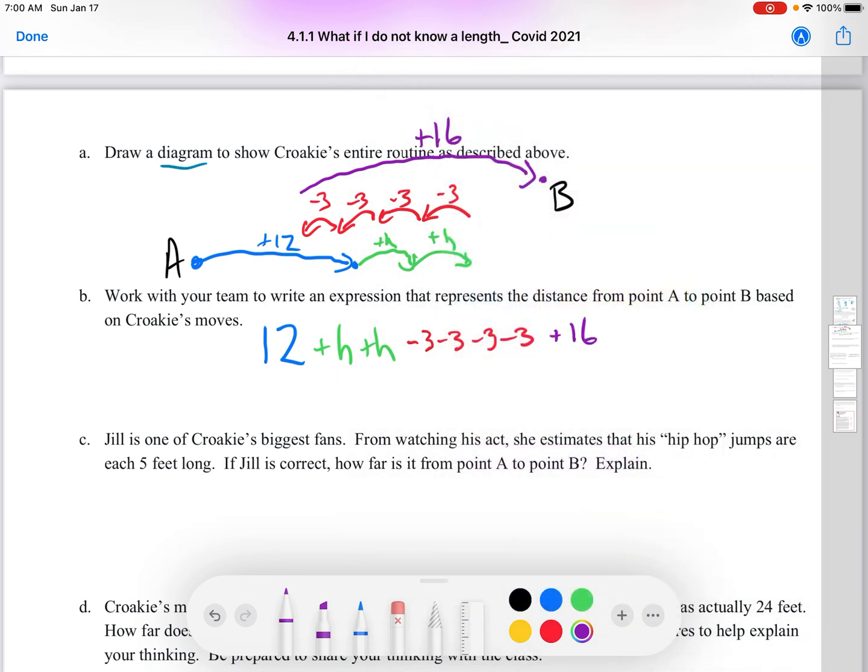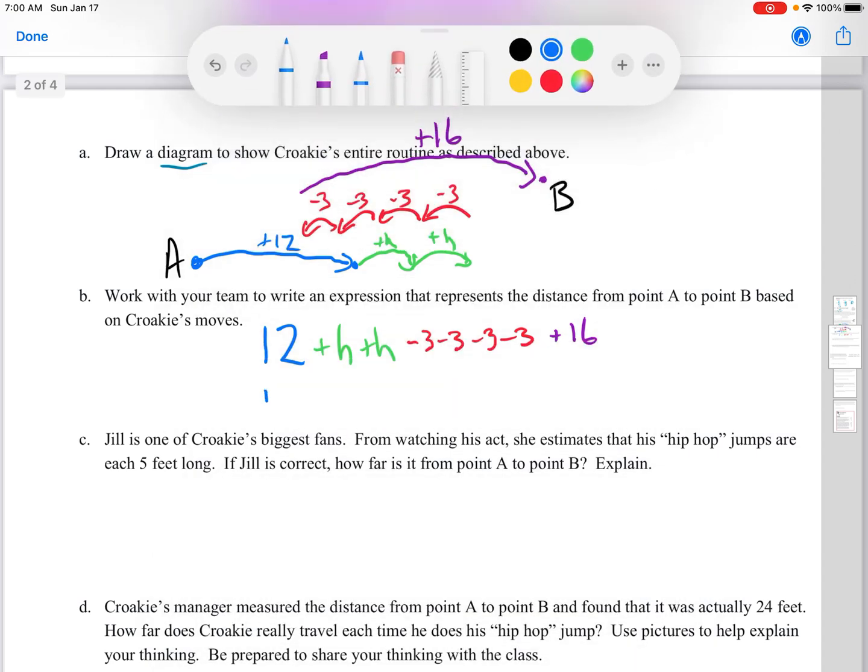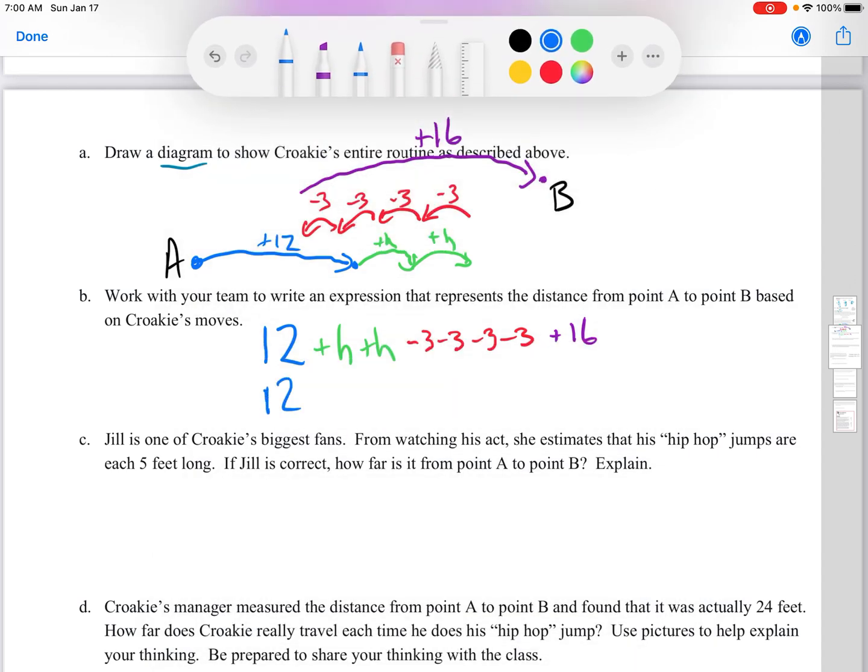There we go. Now the reason I gave it a little bit of space is because you can combine stuff, can't you? And so what we'll do is we'll write that as a 12. I'm going to leave the H like this, plus H, and I'll talk about that in just a little bit.